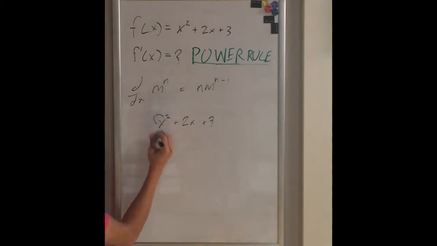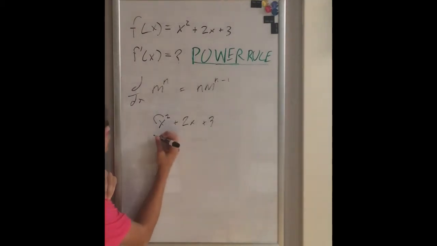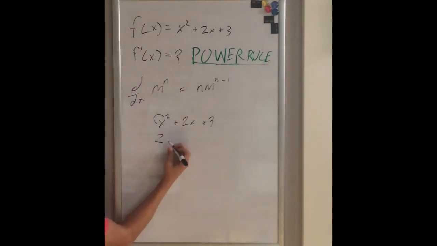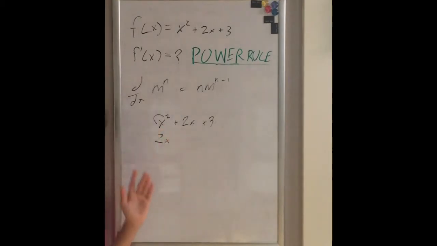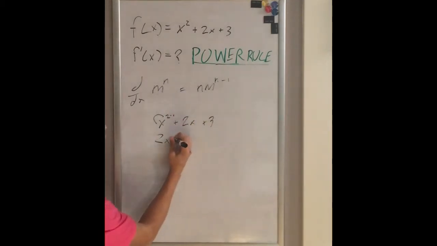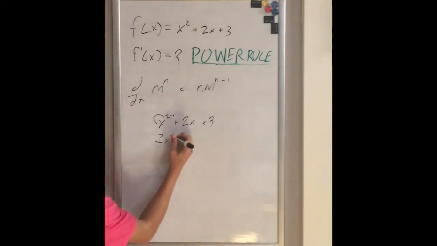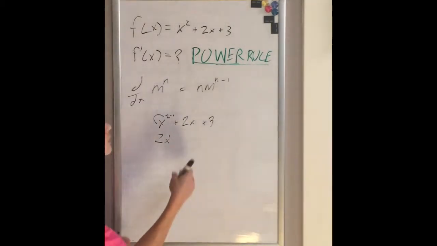Take the 2, multiply it by the coefficient. In this case, the coefficient of the term is 1. So 2 times 1 is just 2. 2x, but wait, we have to subtract 1 from the power. So 2 minus 1, that's going to be 1. Which is basically just going to be 2x. But I'll leave it written there just for the record.